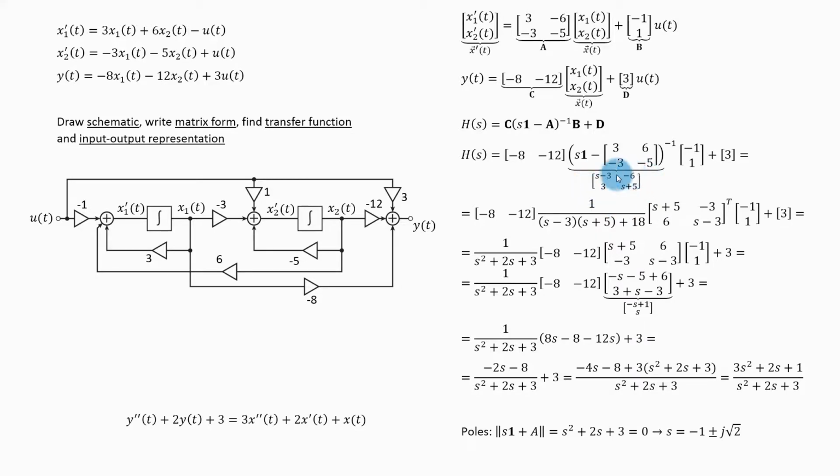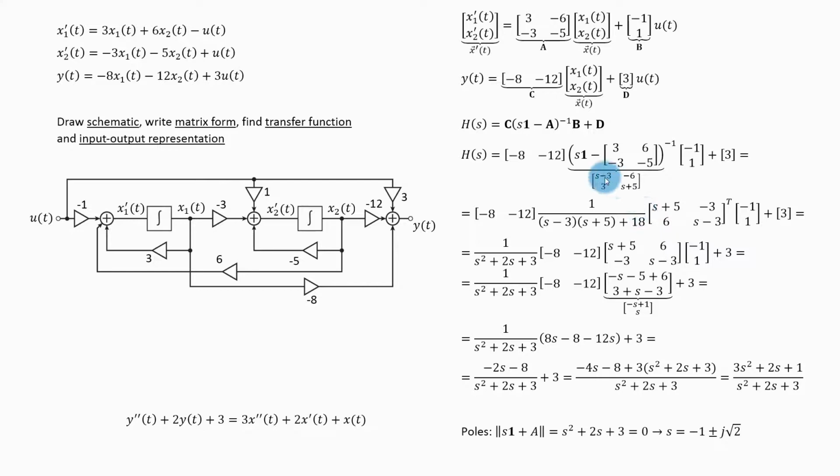The inverse of this matrix will be given as 1 over the determinant of this matrix. This is the determinant of this matrix, and that you can compute as this term times this term minus this term times this term, and that is what you have here. Also, the inverse of this matrix will contain this matrix of cofactors.